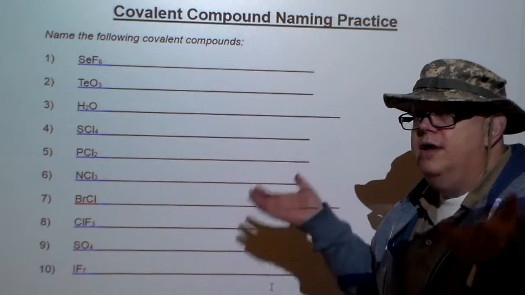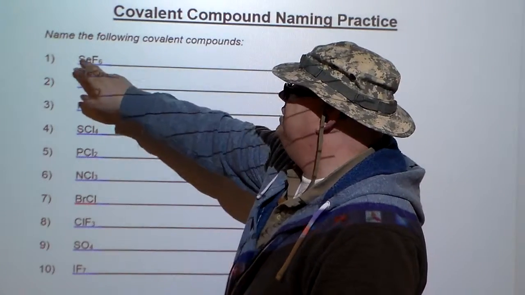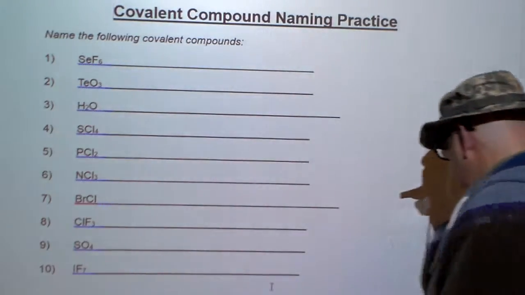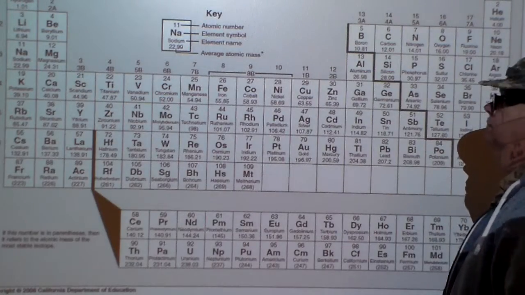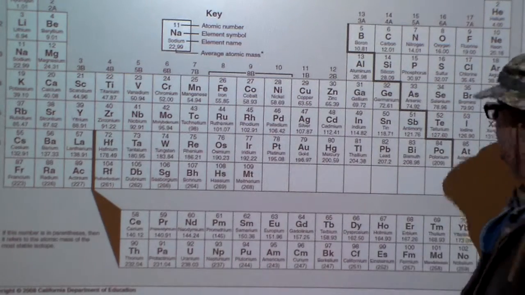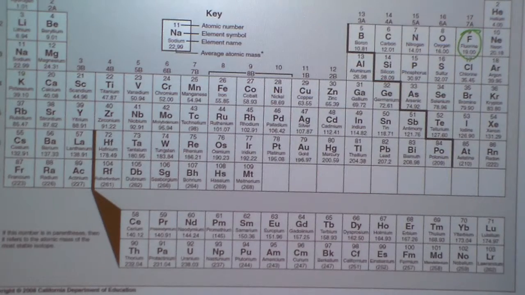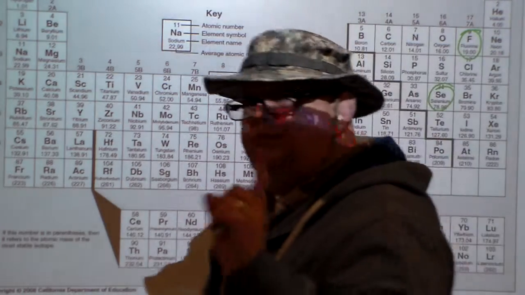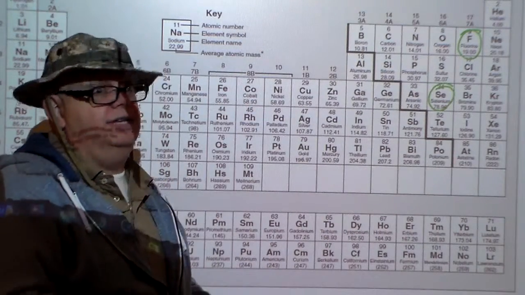So let's go with this. But how do we know if something is covalent? Well, let's take a look at SeF6 here. Now, it is covalent, but how would I know? If you look on the periodic chart, we know that our fluorine is up here and our Se is over here. We have to go back a couple of chapters to something called electronegativity.